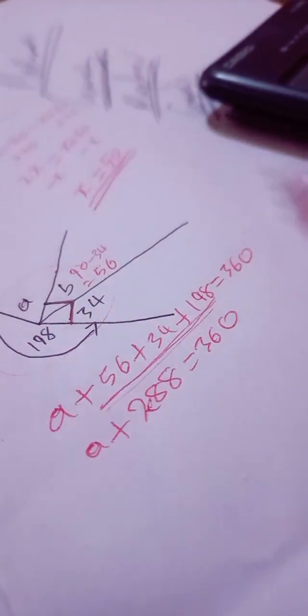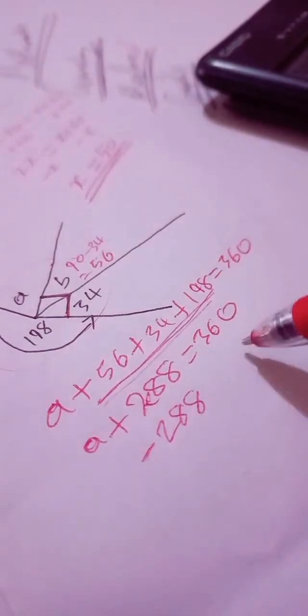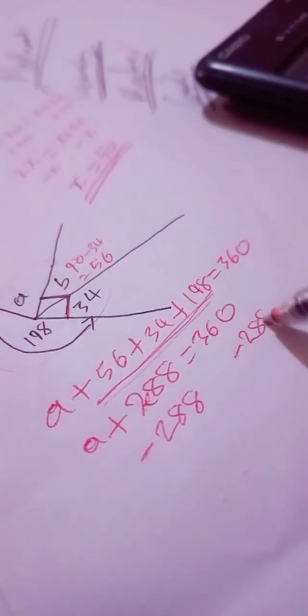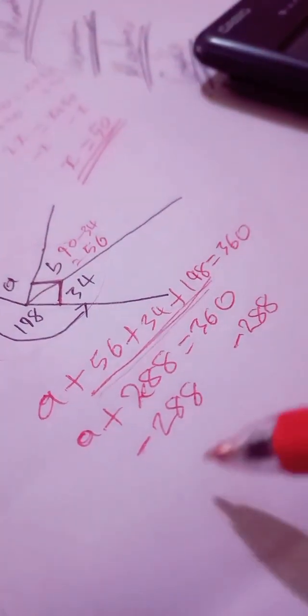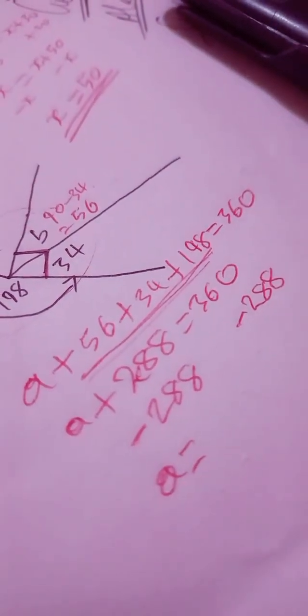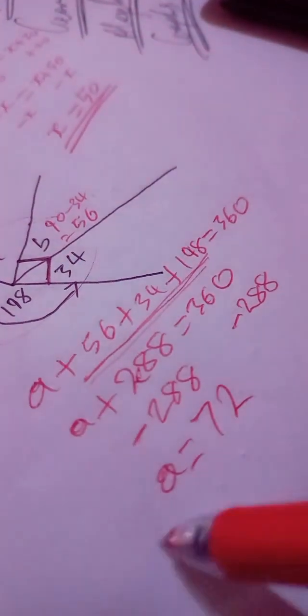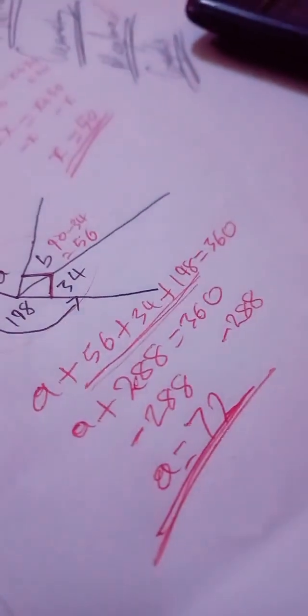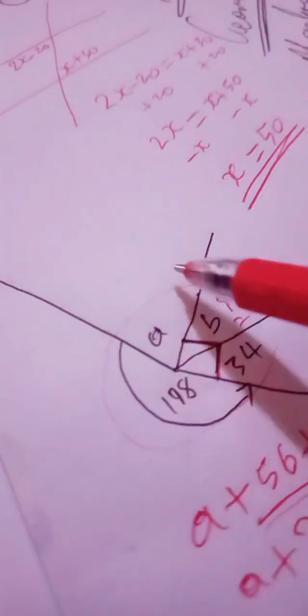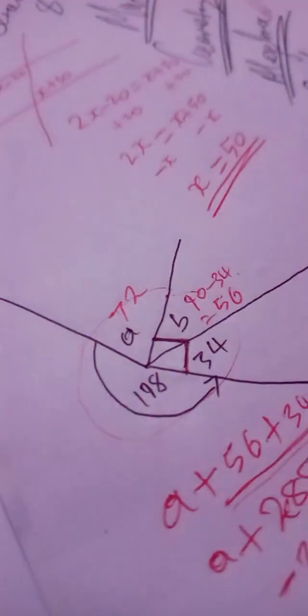Subtract 288. A is equal to 72. So that means our revolution is now complete. A is 72.